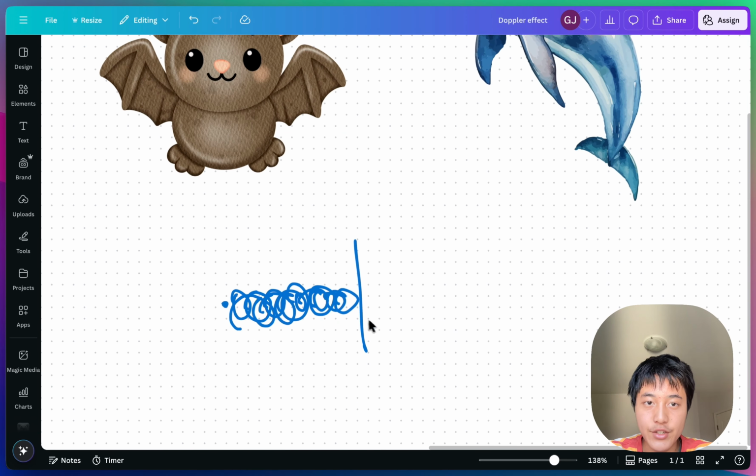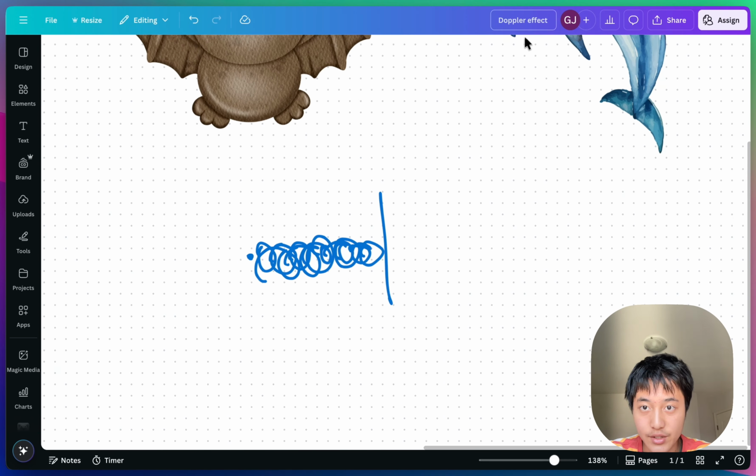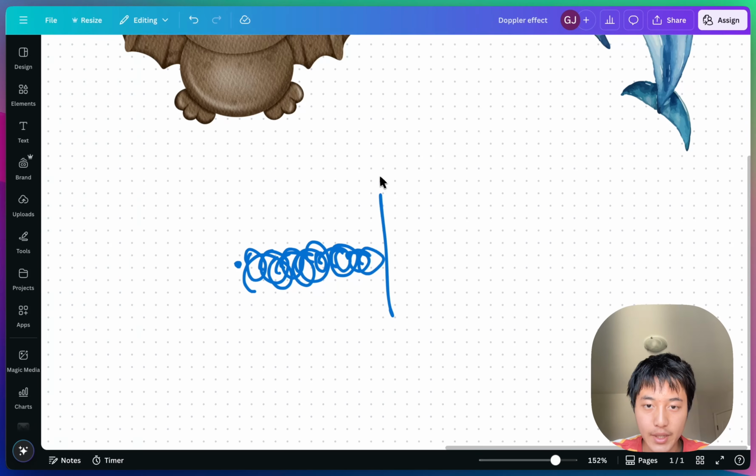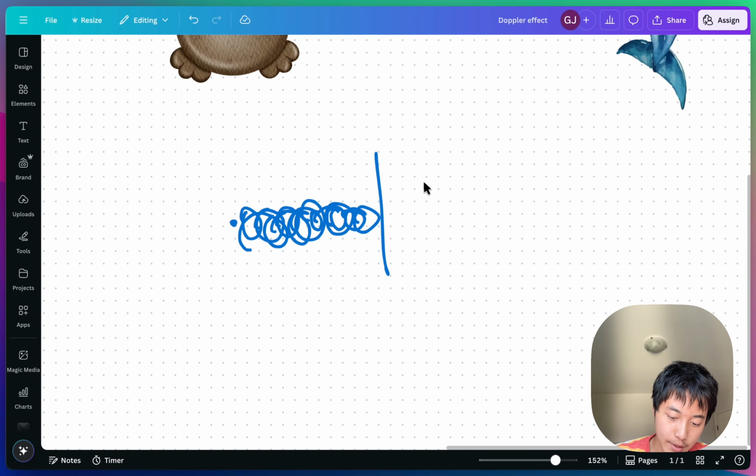And the interesting thing is they use the Doppler effect to determine the direction and the speed of whatever prey or object they're tracking. Let's think about it this way.